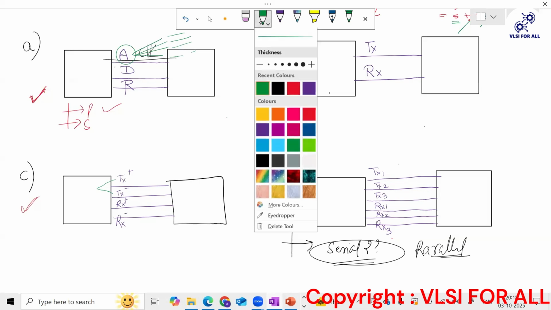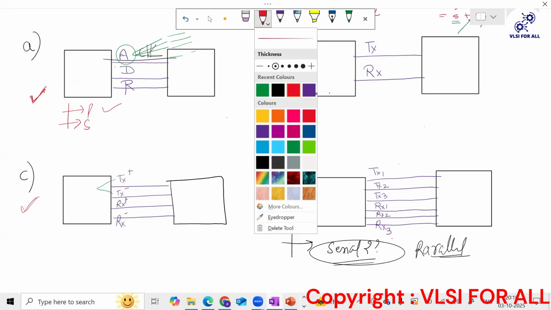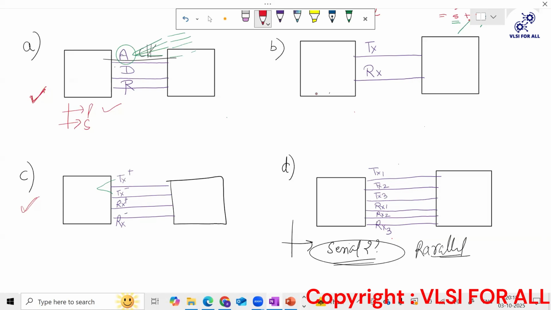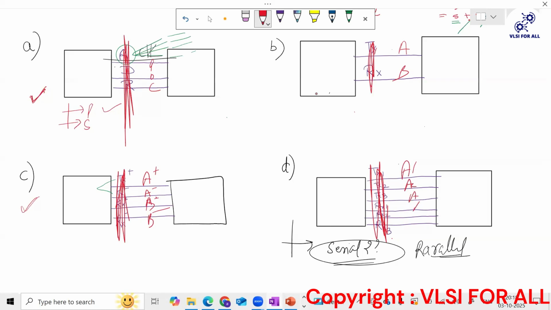Okay, now let me tell you, it depends on how these signals are behaving according to the clock. Let's say, for example, I remove all these naming conventions, because this naming convention is just to confuse you. Let's say I put small a, b, c, and here capital A, capital B, here capital A plus, capital A minus, here B plus, B minus, and here A1, A2, A3, and B1, B2, B3. Now what will you say?